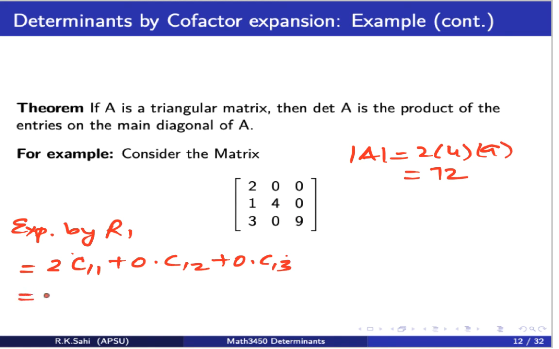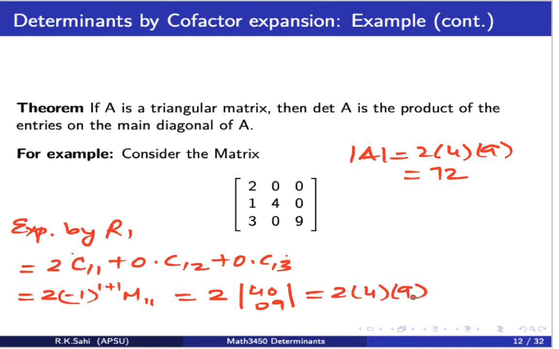So 2C11. What is C11? Minus 1, remember, to the power 1 plus 1, and M11. So this is 2 times M11. What is M11? It is the determinant of, you remove the first row, first column, you get 4, 0, 0, 9. And when you find the determinant of this 2 by 2, it's the same as 4 times 9, so 2 times 4 times 9 is 72.